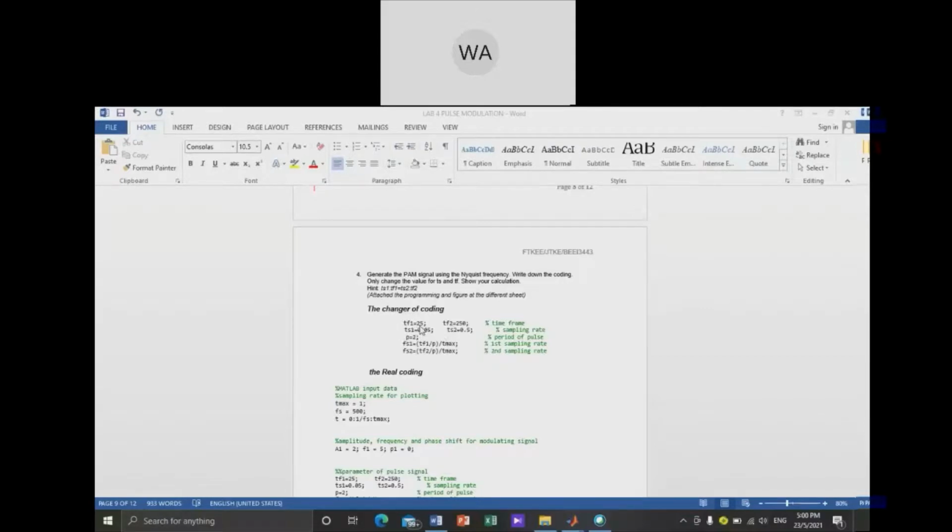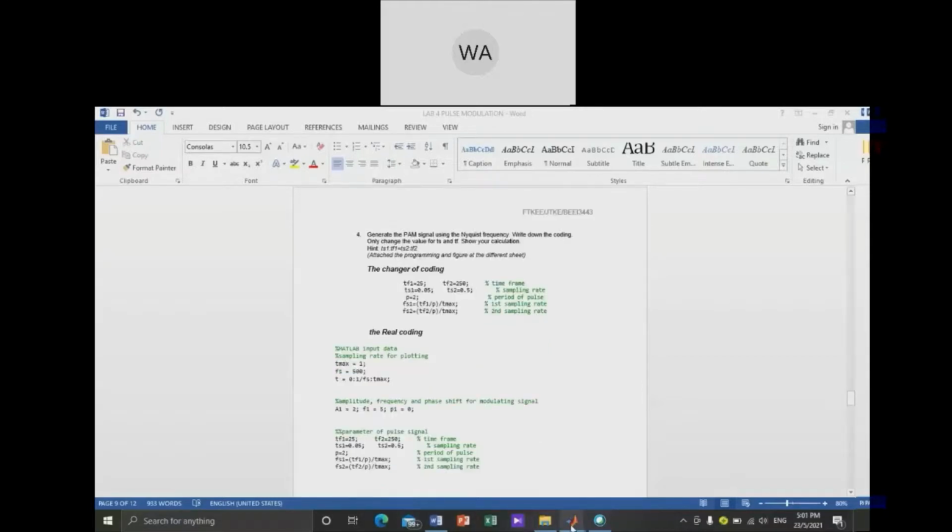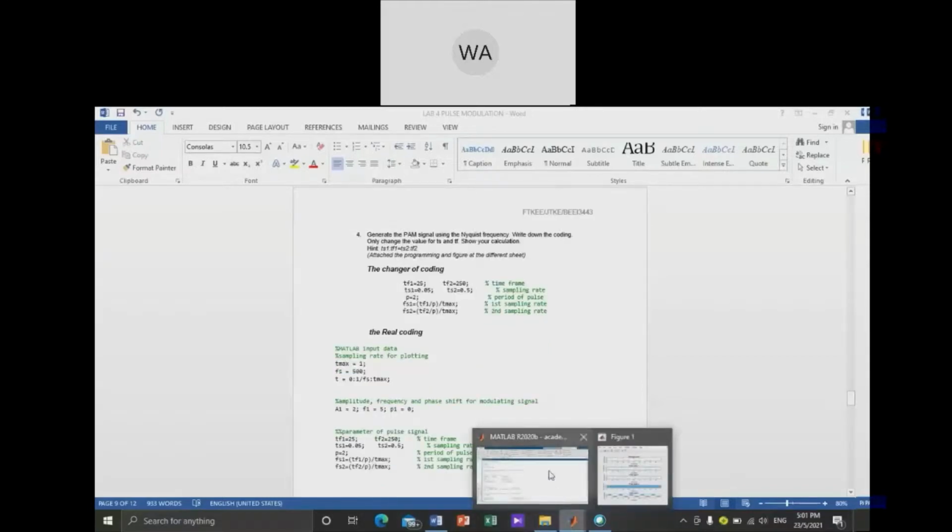TF1 from 50 change to 25. TF2 from 500 change to 250. While sampling rate from 0.1 change to 0.05. TS2 from 1 change to 0.5.